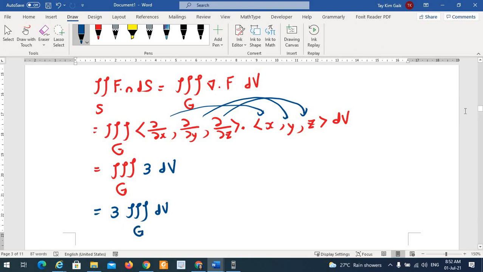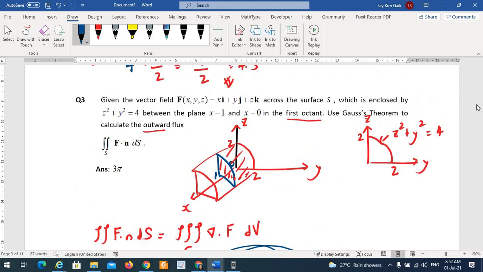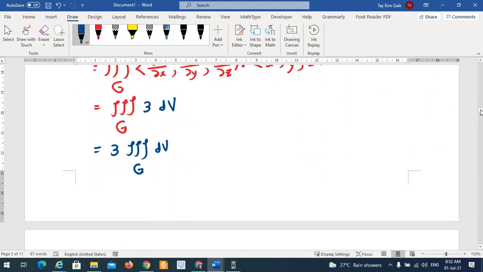Your solid is a cylinder, parallel with the x-axis, where the height is 1 unit, and in the first octant means you have only 1/4 of the cylinder. So here I can just use the formula for the volume of a cylinder, which is pi r squared times h, and the cylinder is 1/4 only because it's in the first octant.